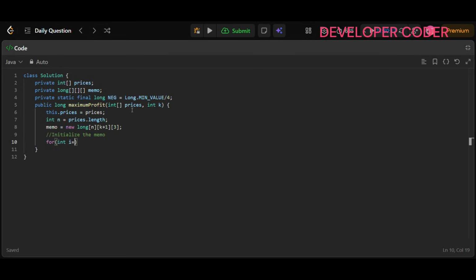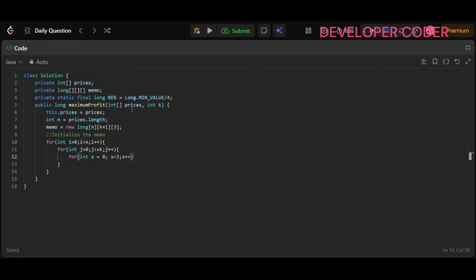All right, so very simple. int i is equal to 0, i ranging from 0 to n, i plus plus. Same way, j ranging from 0 to k: int j is equal to 0, j less than or equal to k, j plus plus. And same way, your state's value is ranging from 0 to 2, so int s is equal to 0, s less than 3, s plus plus.